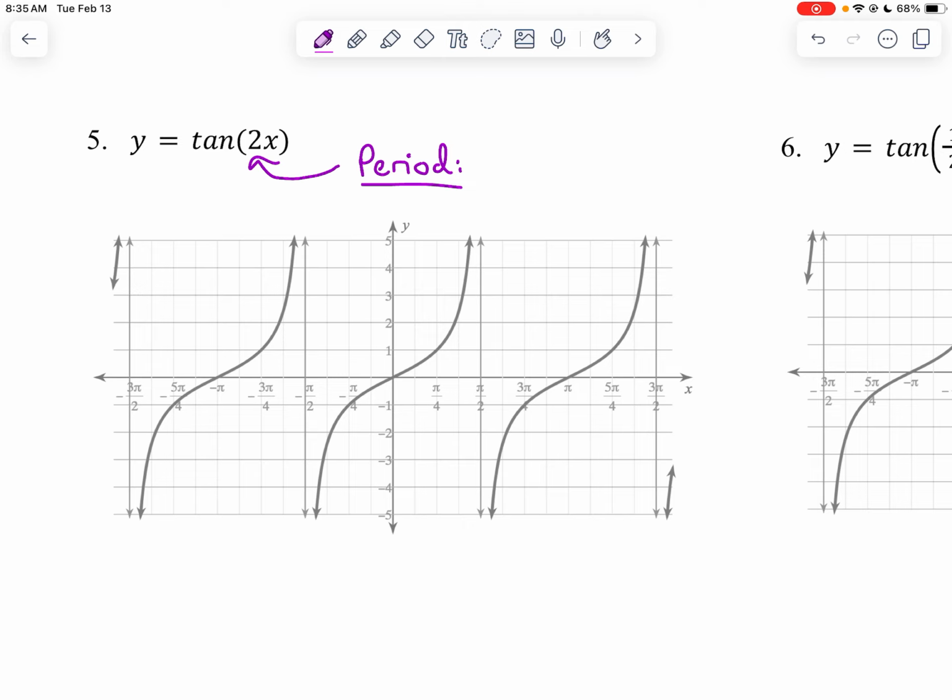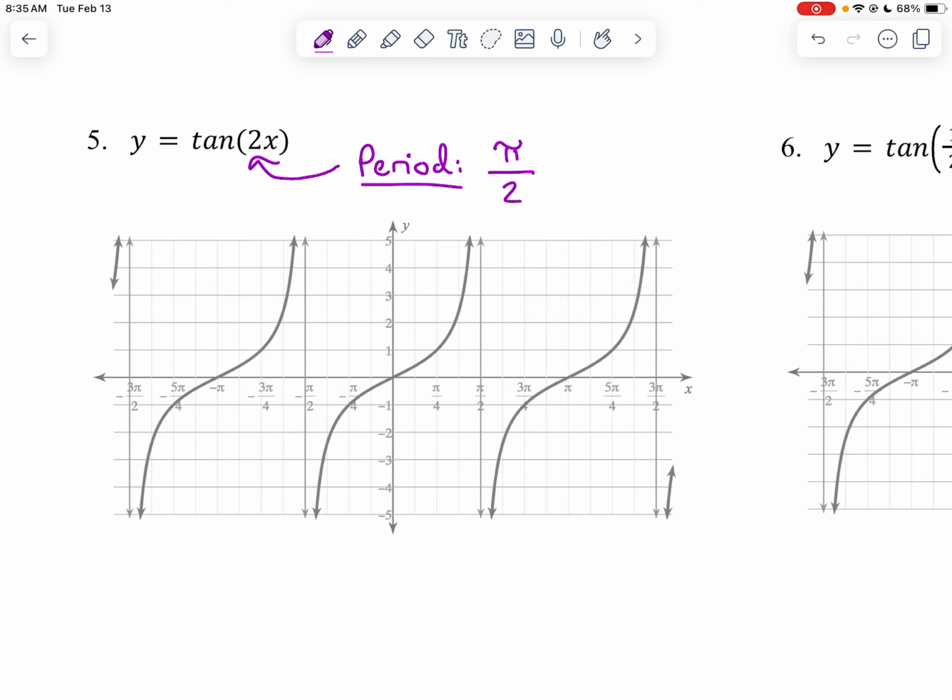Remember from sine and cosine, we had the original period, and whatever value was being multiplied to the x, we would divide it away to figure out the new period. In this case, because it's tangent, my initial period is pi. I'm going to divide away what's being multiplied to the x, which in this case is 2.